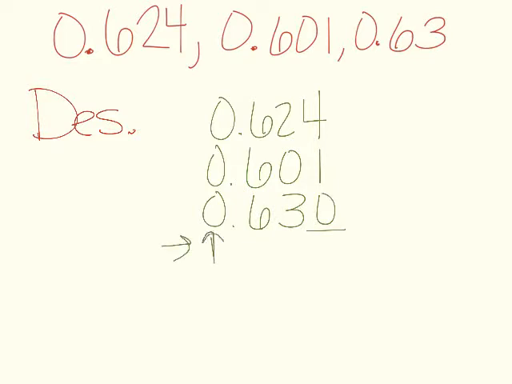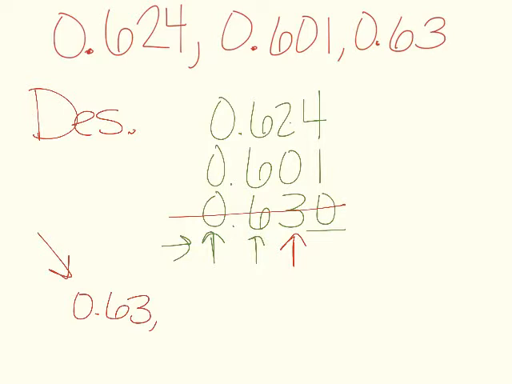The zeros are the same, so we go to the next number. The sixes are the same, so we go to the next number. Now we're going to look here in the hundredths place. We're going descending, so we want to start at the biggest number and then go down. Which is bigger, 2, 0, or 3? Good, the 3 is the biggest. So 0.63.